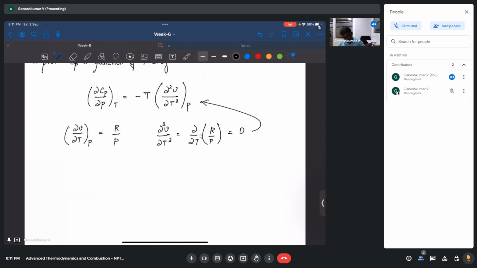If you substitute here, dou Cp by dou P at constant temperature is simply 0, which means Cp is not a function of pressure. So Cp could be a function of temperature only.